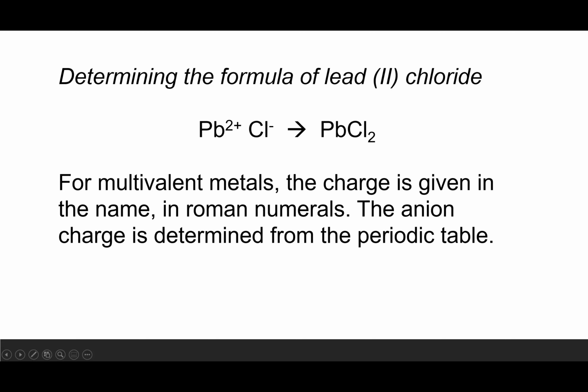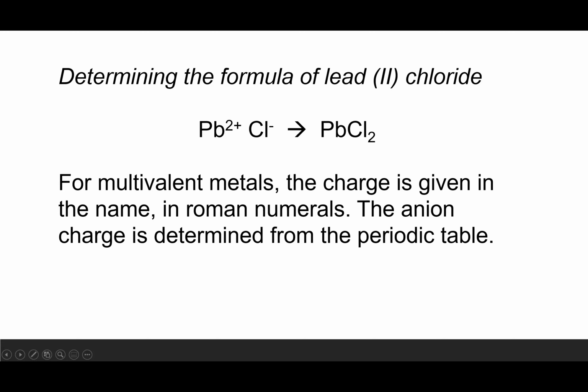If we want to look at the formula for lead(II) chloride, to do the crossover method, I need to write my ions down and then I cross over. In this case, the lead is a multivalent metal, so I can't use its location on the periodic table to figure out its charge, but the II indicates to me that the charge is 2+.